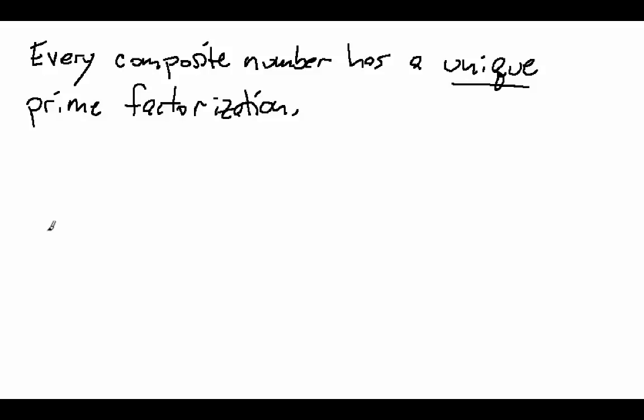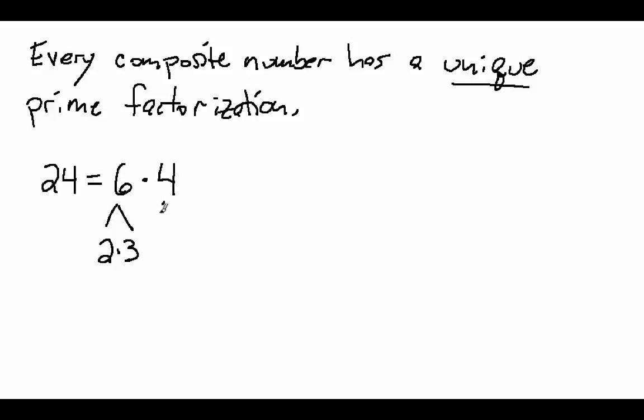Let's give an example. Now I'm going to come over here. Let's look at the number 24. Now 24, for example, and we can do this in lots of ways, but we could say, well, 24 is equal to 6 times 4. And I note that neither 6 nor 4 is a prime number. So I'm going to say, well, 6 is equal to 2 times 3. And I note that 2 and 3 are prime numbers.